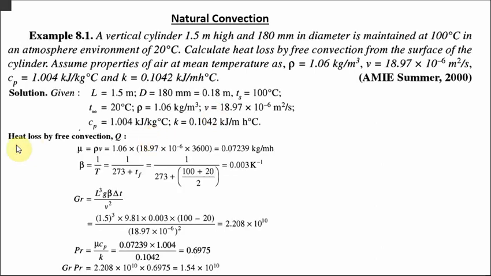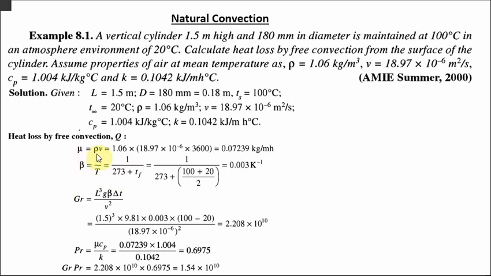Now for calculating Grashof number, we need the value of beta. Beta is equal to 1 by T, and one thing you need to remember is that T should be in Kelvin.